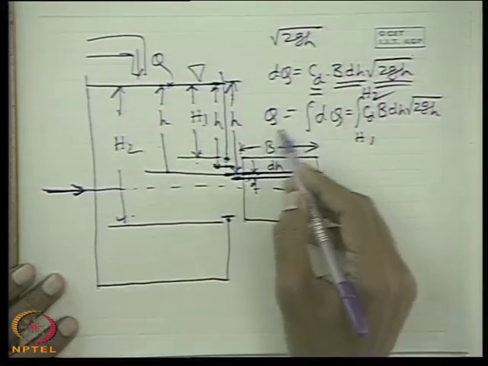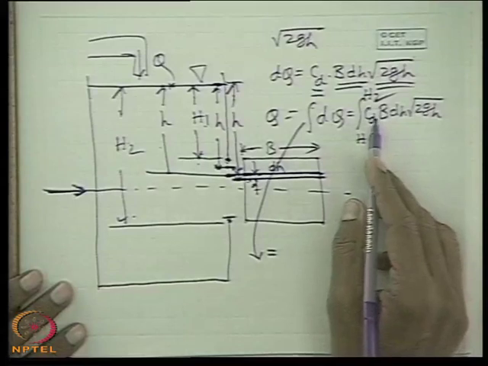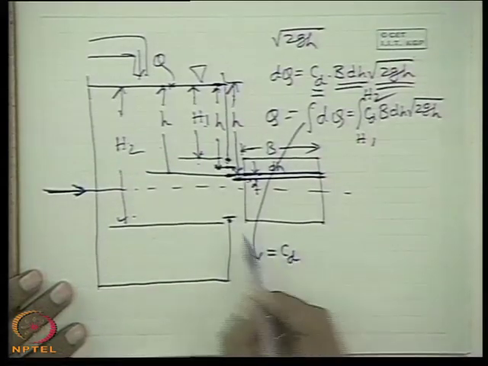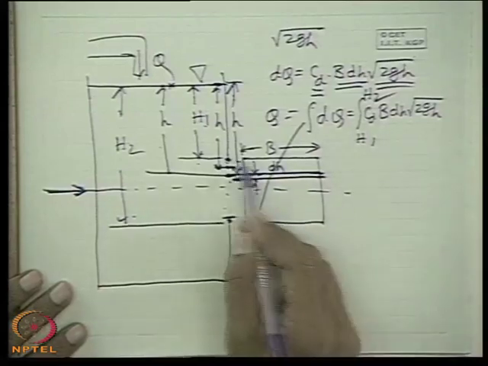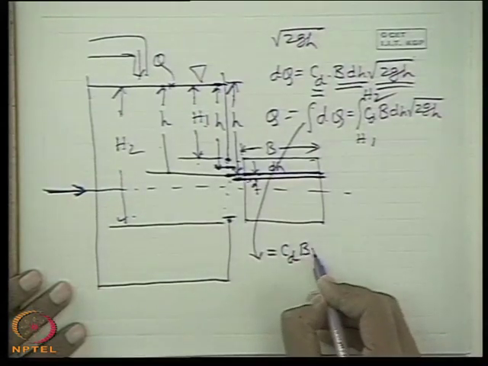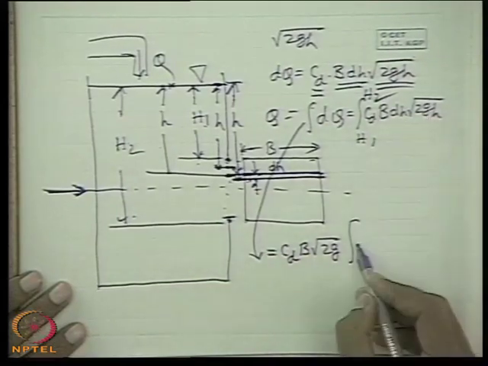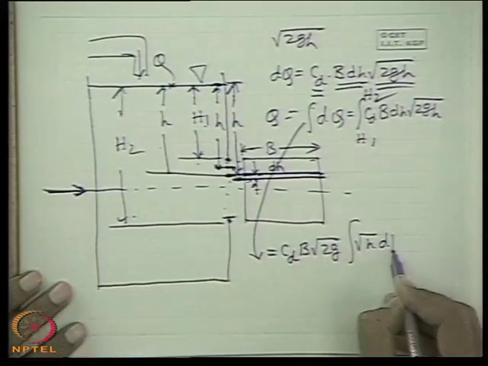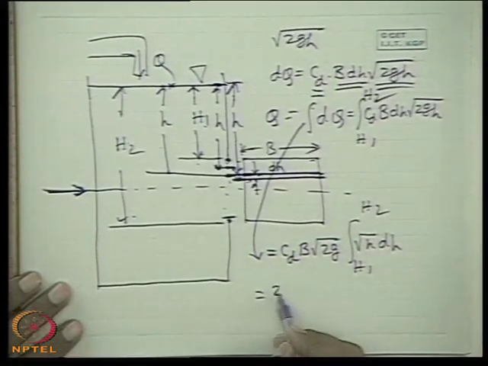If you carry out this integration, it is very simple. CD is constant, if we consider CD the same at all points throughout the orifice. B is the width, the geometry of the orifice. Root 2gh simply becomes root h dh, from H1 to H2. Very simple, school level things.